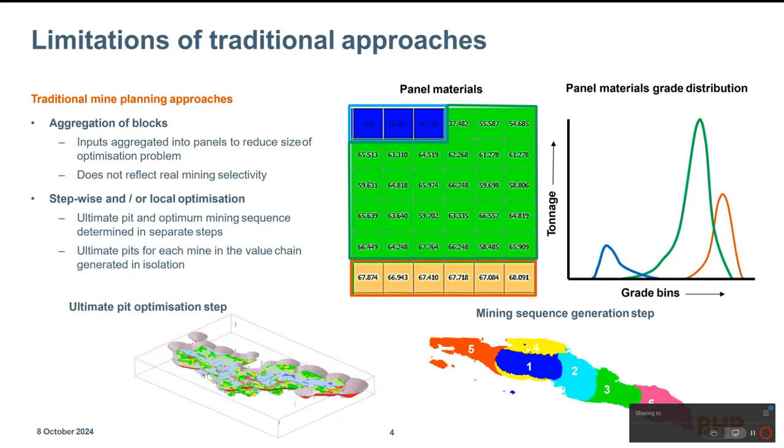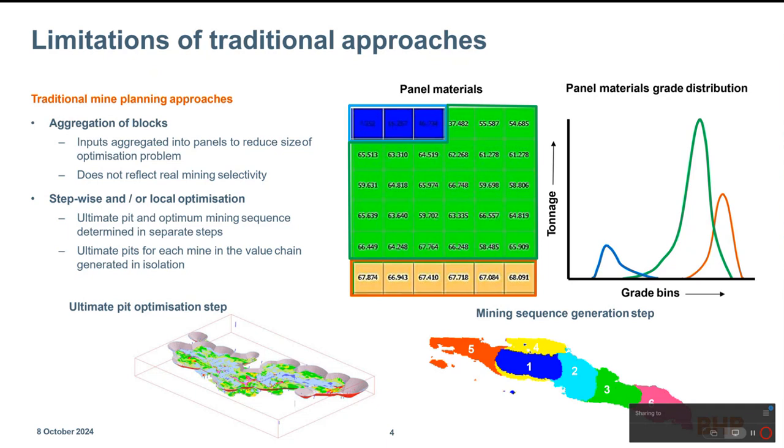Some other limitations on the mine planning side: some of the methods that are used rely on the aggregation of blocks in the models into larger panels. They do this to reduce the size of the optimization problem. However, in doing so, it doesn't reflect the real mining selectivity at the time of mining.